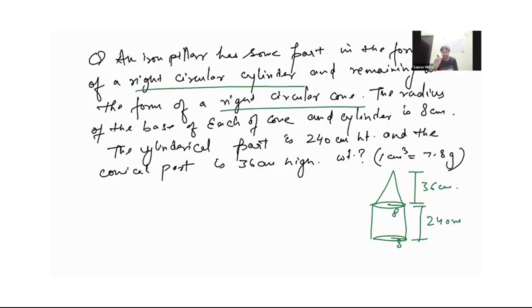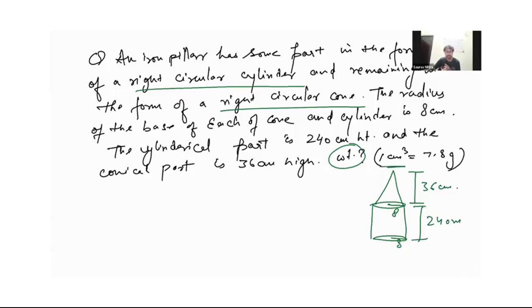We have to find the weight, and this implies that you have to calculate the volume. They are not asking the direct question to find the volume, they are asking to find the weight. So first you should know the volume, and then you will get the weight.